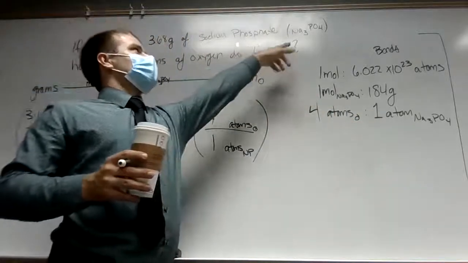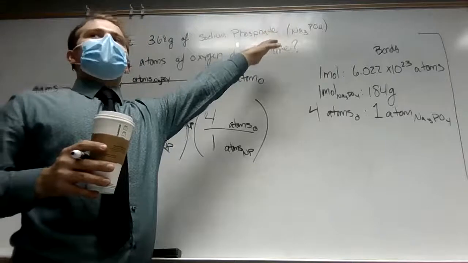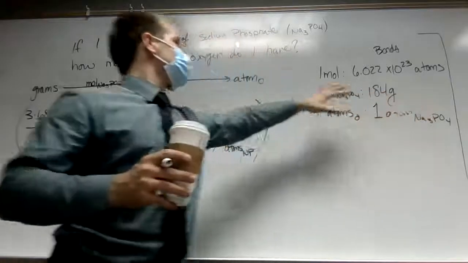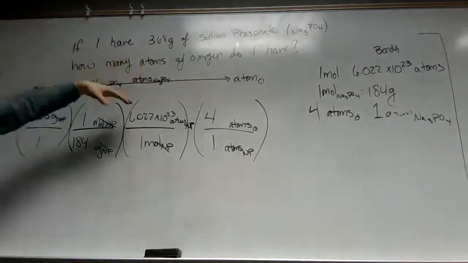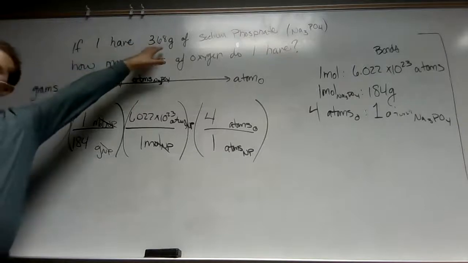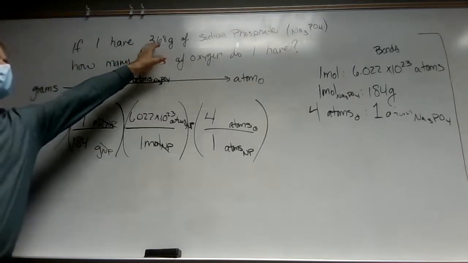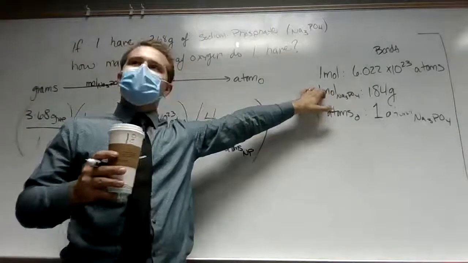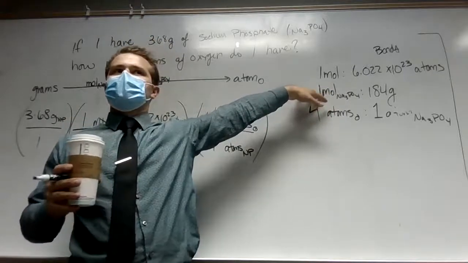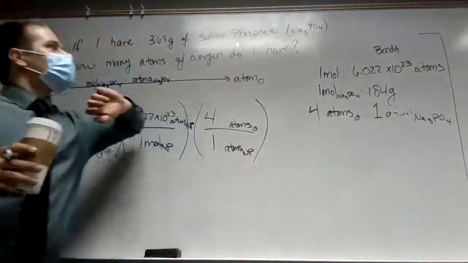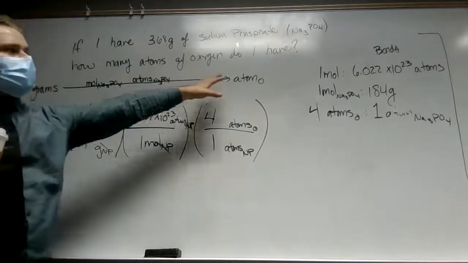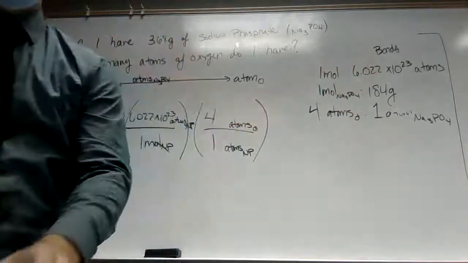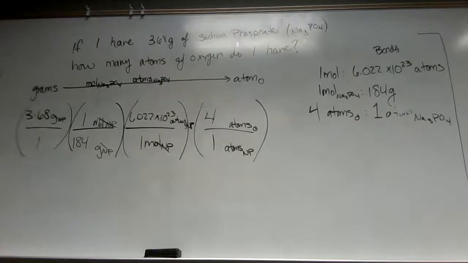We don't know how many compounds of sodium phosphate we have, but we do know how many grams, and we know how to go from grams to units of sodium phosphate with the molar mass. You guys will get through it hopefully soon. That's what I was calculating over there. And once we get to moles of that, then we know how to go from moles to atoms. So it's just one step at a time. And then I picked numbers that would work out nicely.